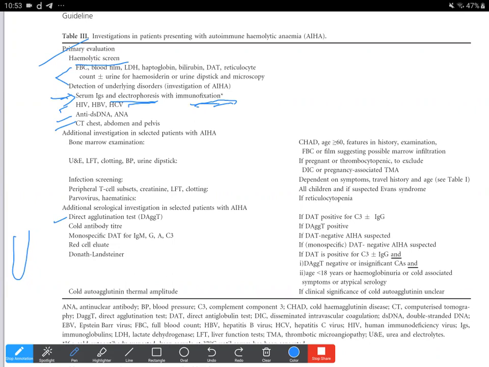These are kept at room temperature for 30 to 60 minutes. And then we check for agglutination.